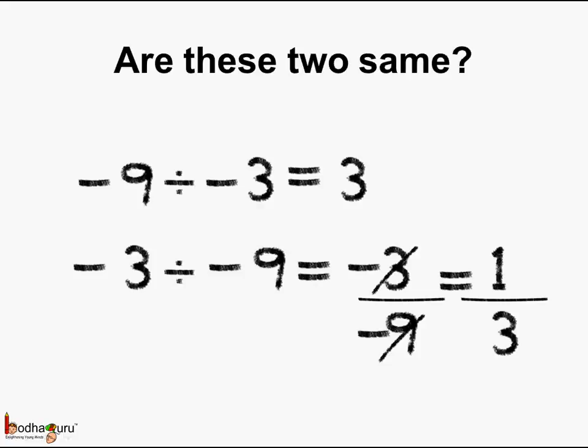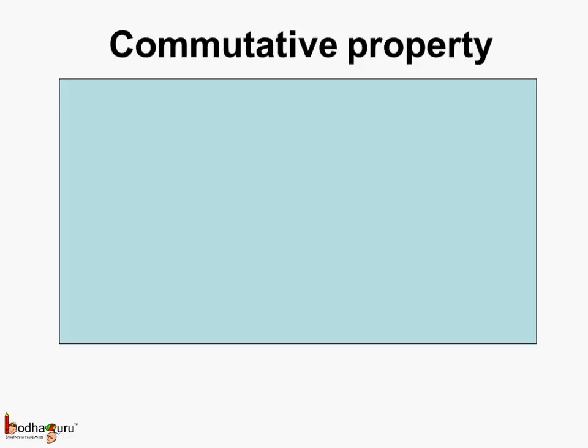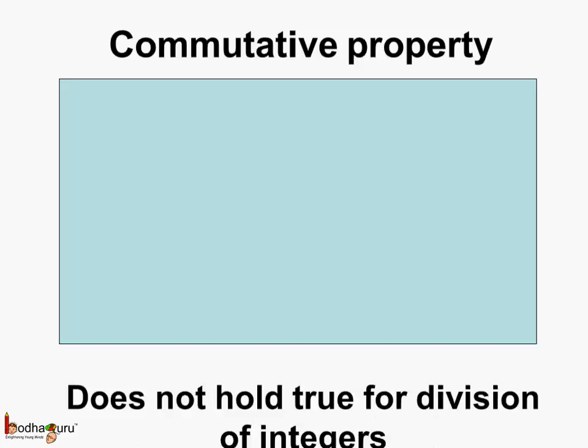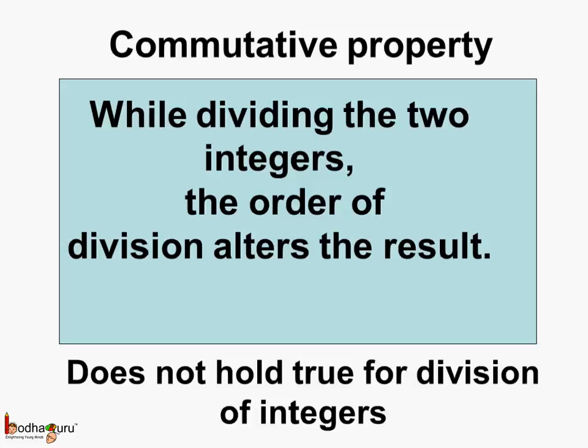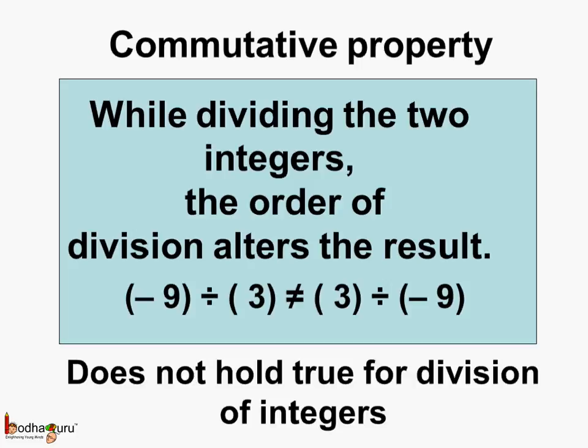The answer is not the same in both the cases, which means the commutative property does not hold true for the division of integers. While dividing two integers, the order of division alters the result. Hence, minus 9 divided by minus 3 is not the same as minus 3 divided by minus 9.